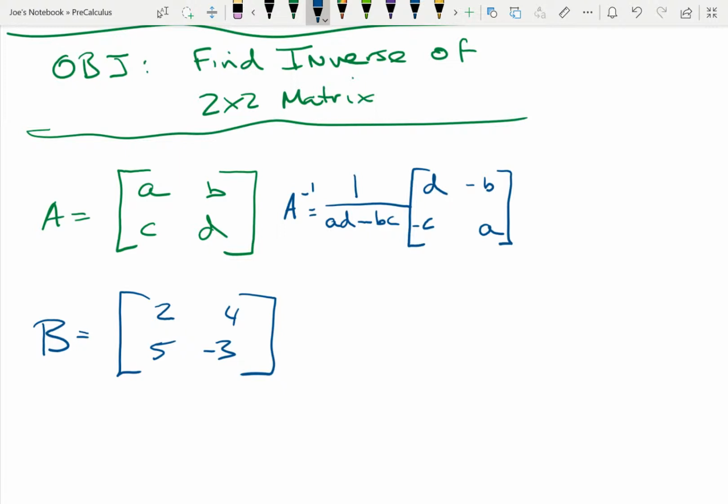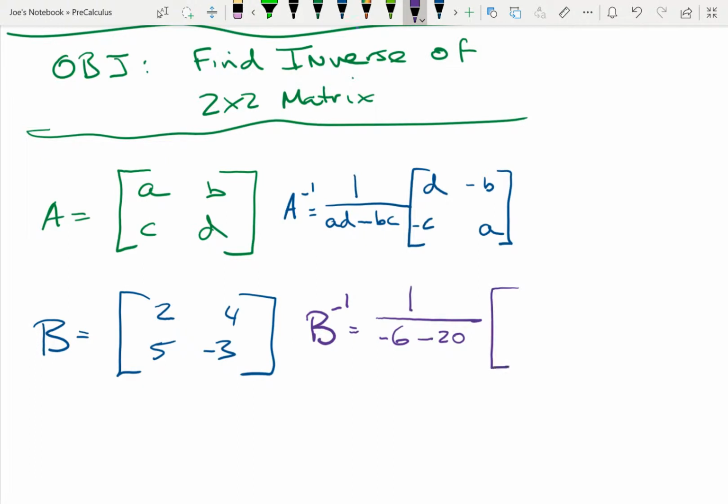Let's do this in a different color. What colors do I have? Purple. So B inverse will be 1 over, tell me what numbers? 2 times -3, so that'll be -6, minus 4 times 5, so that's going to be 20.